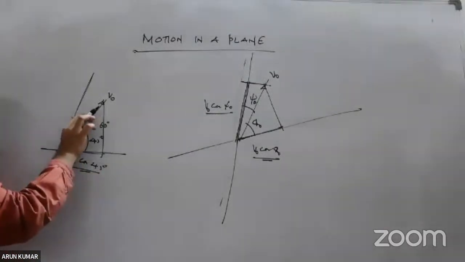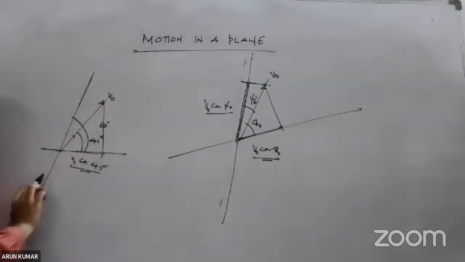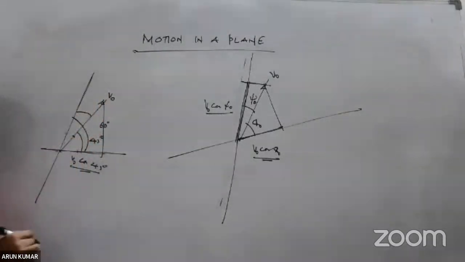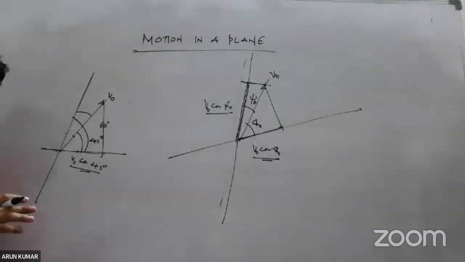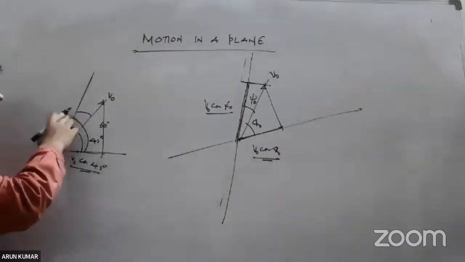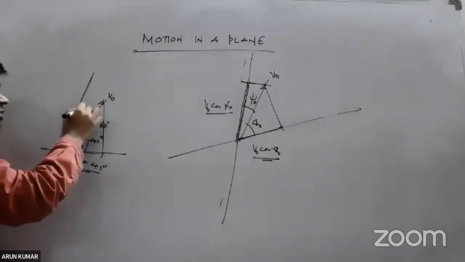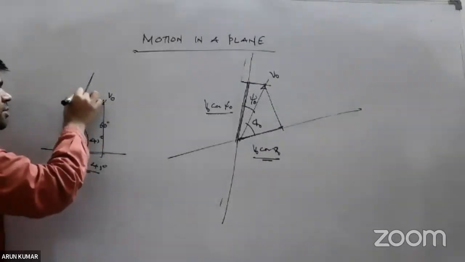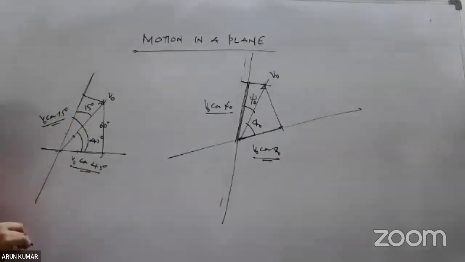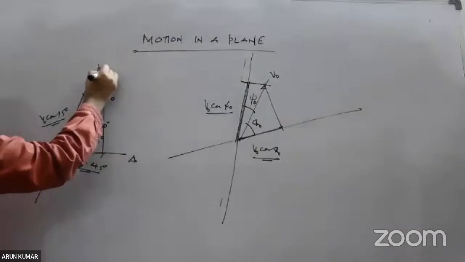What is the component of V naught along the other line? V naught cos of this angle. See, component means cos. The moment I say component, you should think of cos of the angle between them. So what is the angle between them? 60 minus 45, which is 15 degrees. So V naught cos 15 is my projection, or component, of V naught along line B.